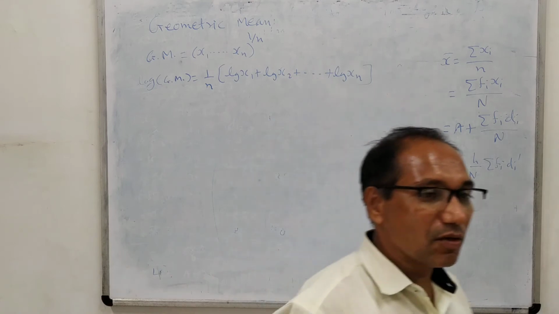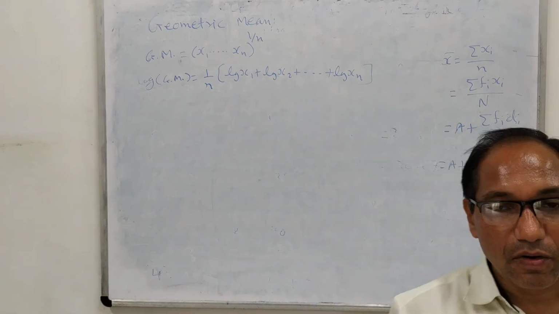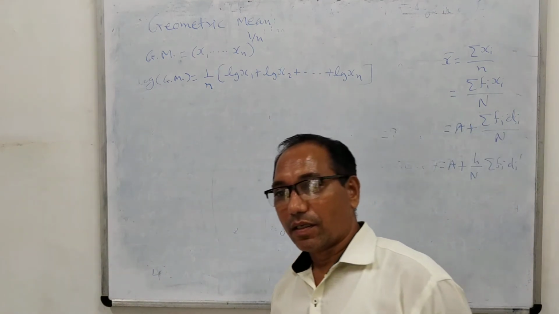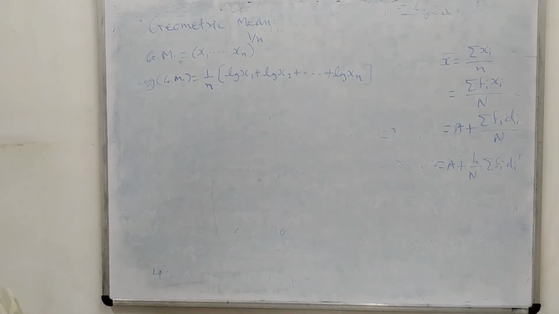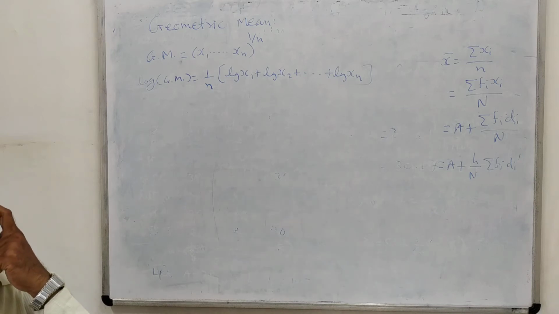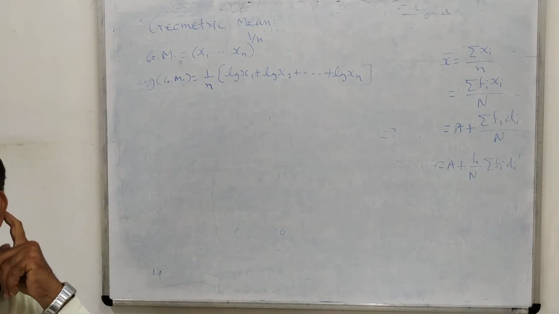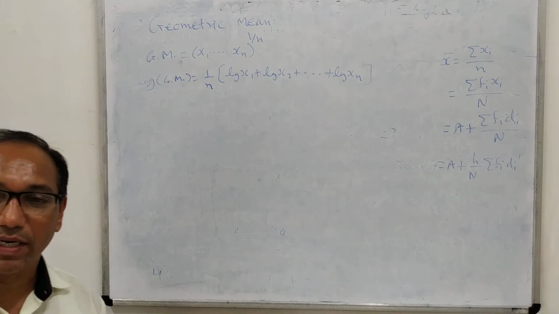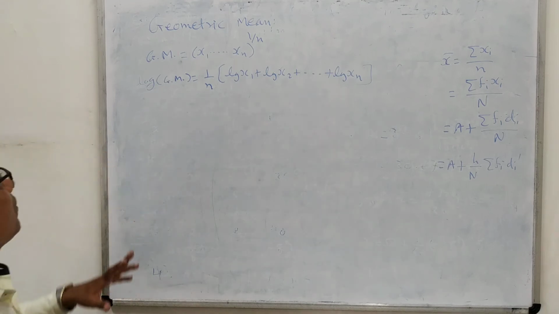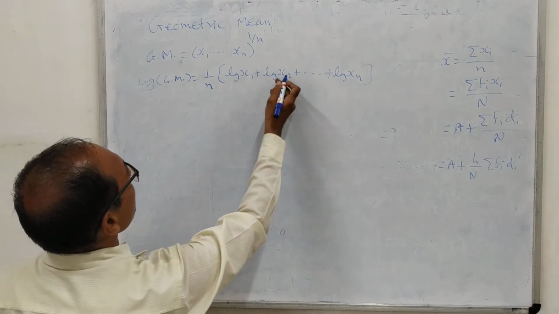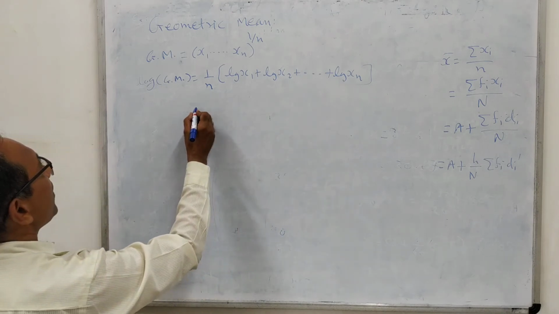If you use ln, then to find the anti-log you have to use the button above ln, that is e raised to x. And if you use log, then above it will be written 10 raised to x, which is the anti-log, because the anti-log will be required. So these numbers become much smaller, and you can find the value.